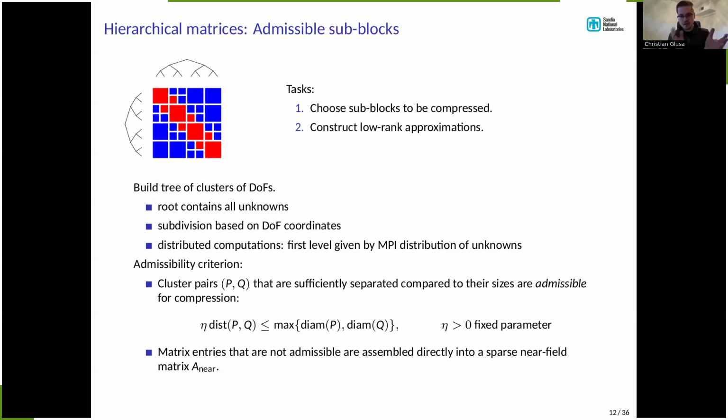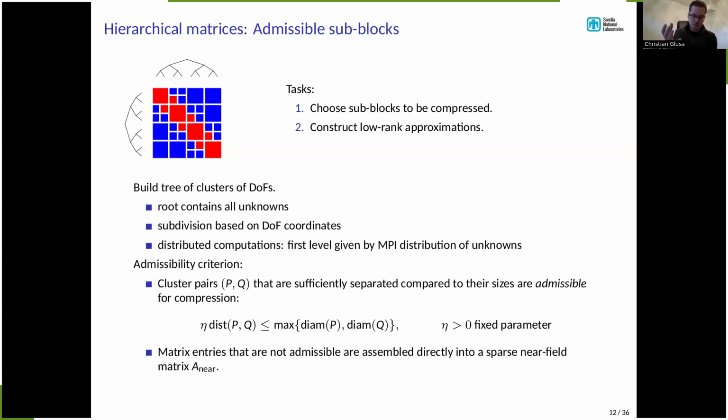And so we need to first decide what we mean by subblocks of our operator. We need to have some way of indexing into our system in a blocked fashion. The way that we do this is that we first construct a so-called cluster tree. I have two copies of my tree pasted there, one for the row space and one for the column space.